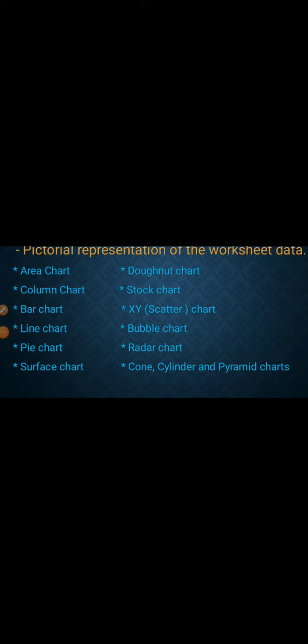A line chart shows trends in data at equal intervals. A pie chart shows the proportional size of items that make up a data series to the sum of the items. The variation of the pie chart is the grouped pie chart.